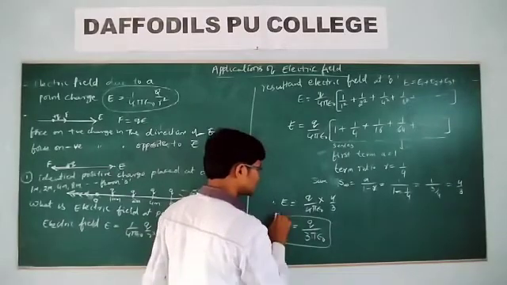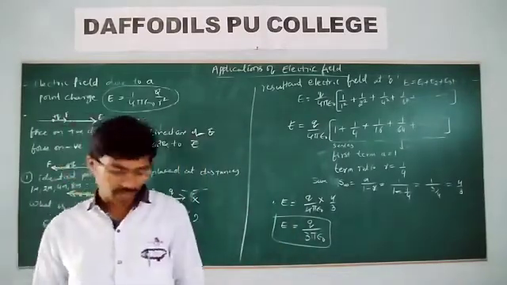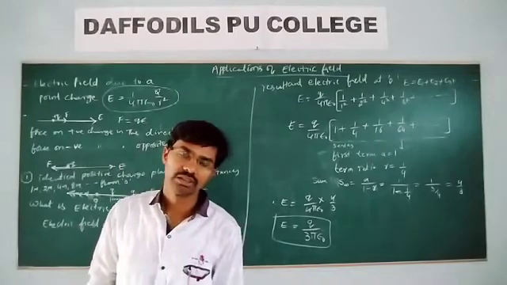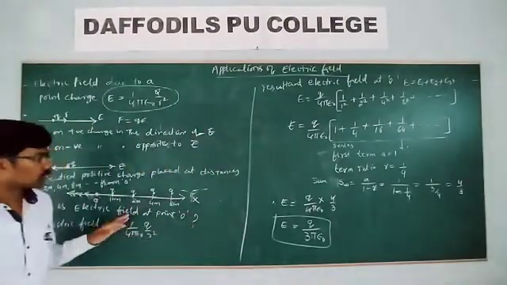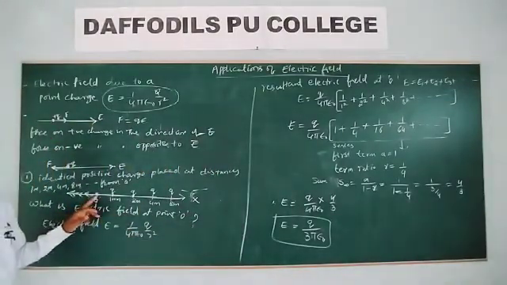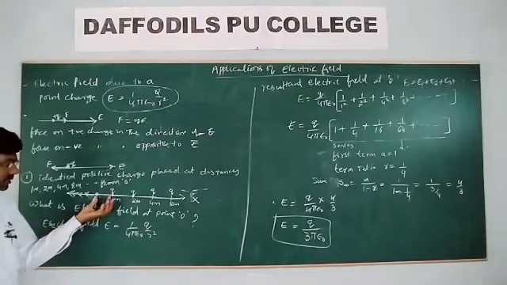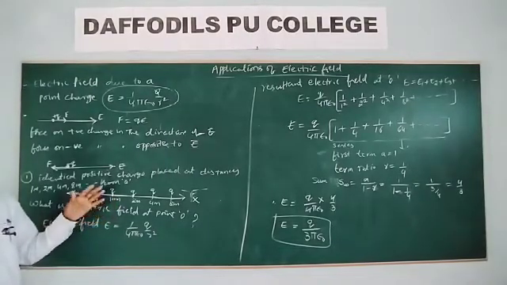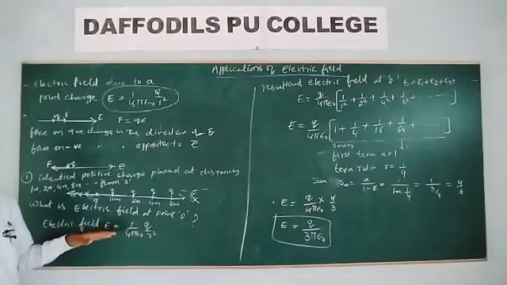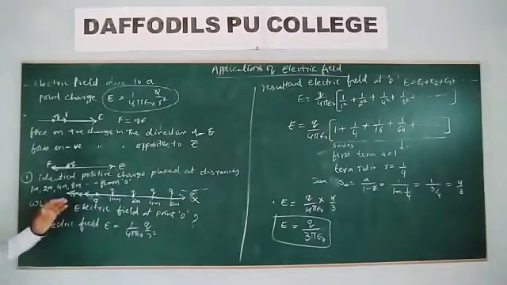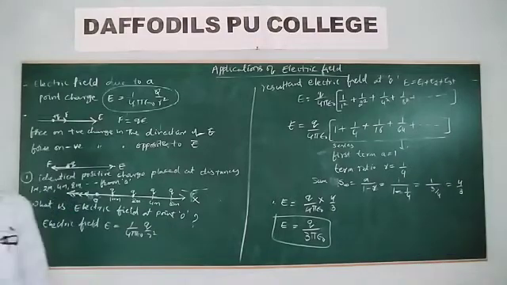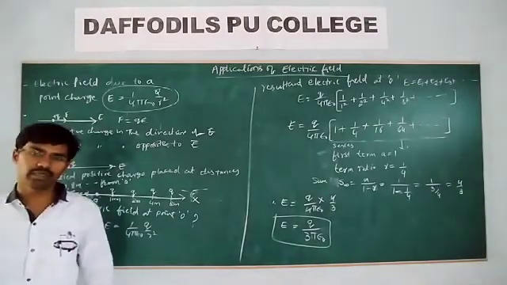This is the resultant electric field due to a number of charges at that point. So you just need to know the direction of the electric field at that point and the distance, so that we can apply the vector laws. Using the vector laws, we can calculate the resultant electric field due to a number of charges at any point. Is it?